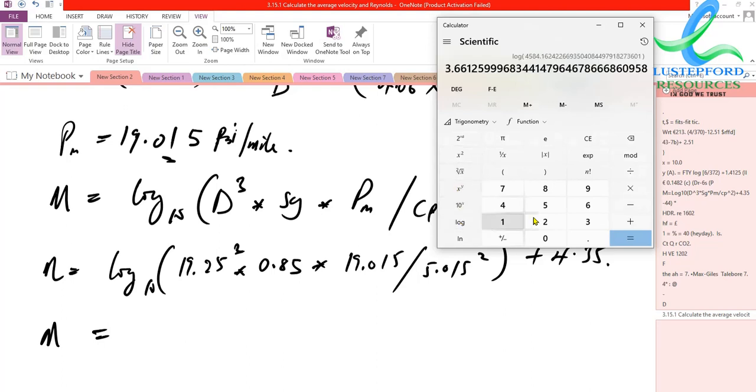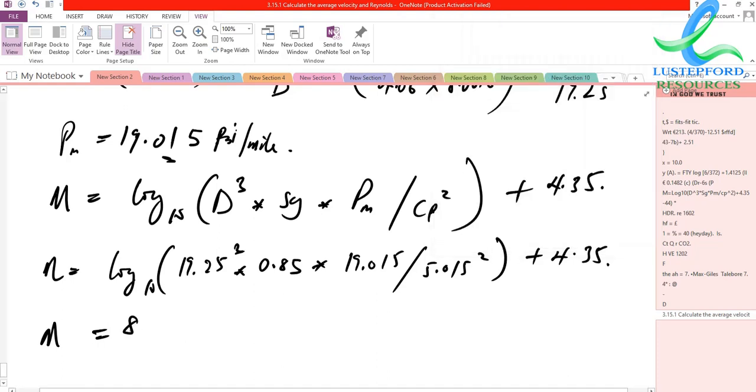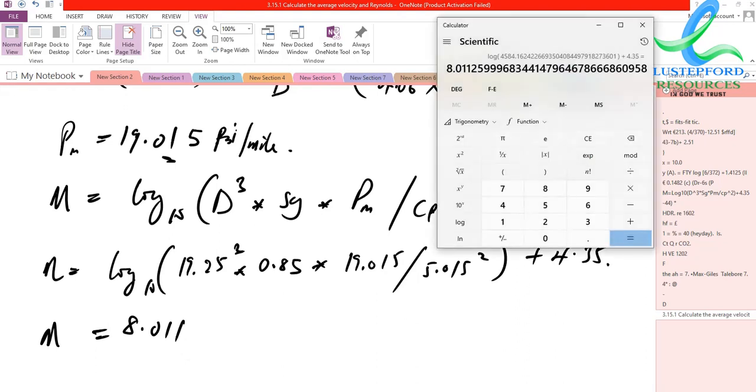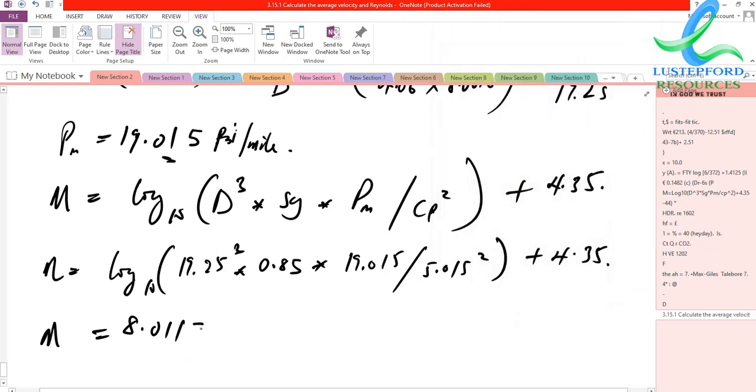The log of it was 4.35. So we have 8.011. Let me see. 1126. This is the value of our M now.